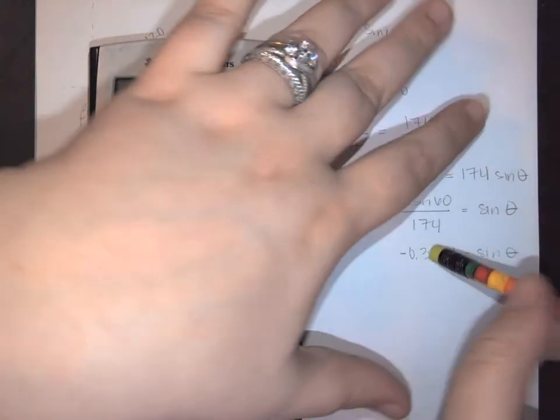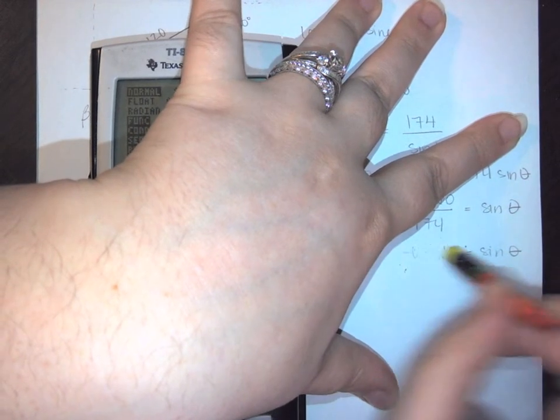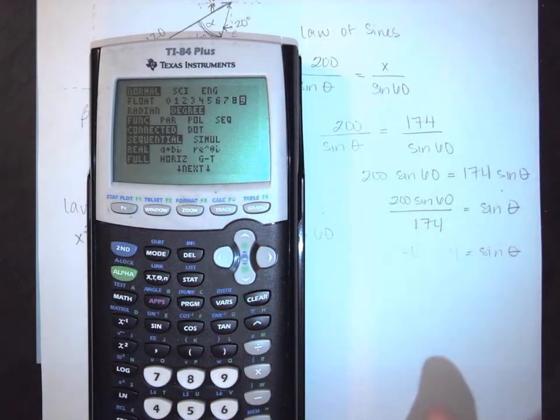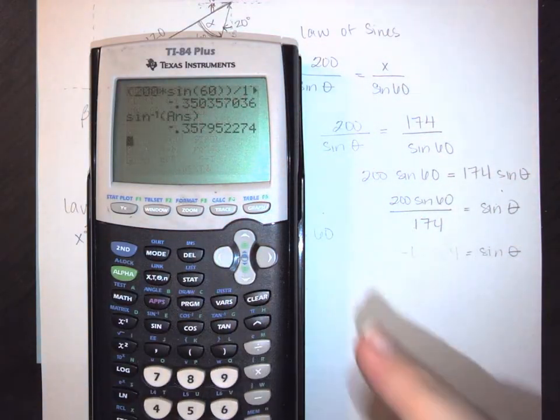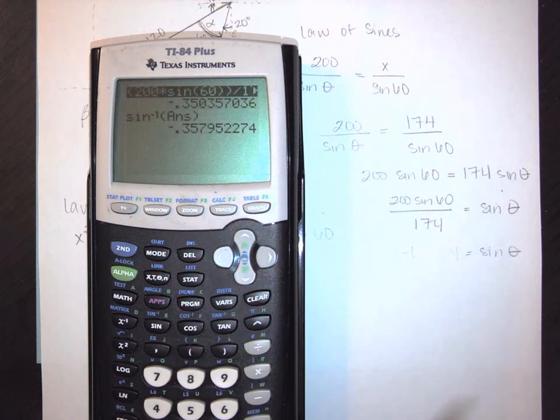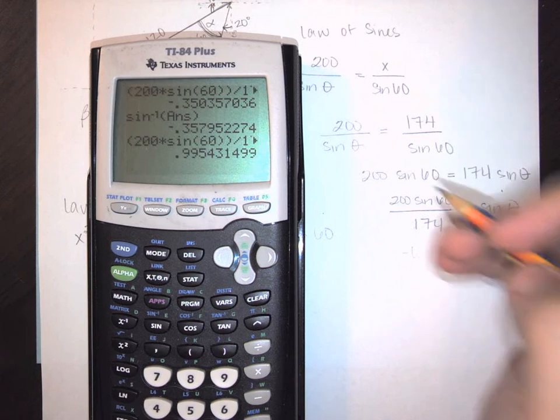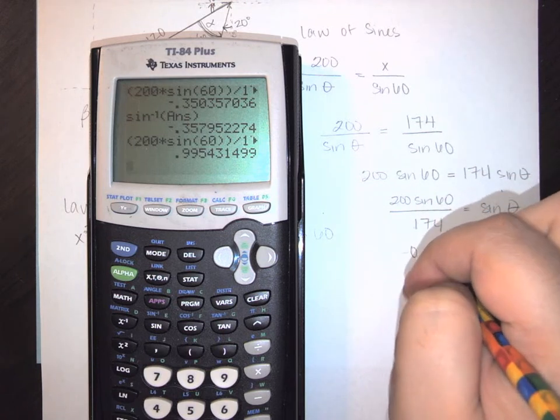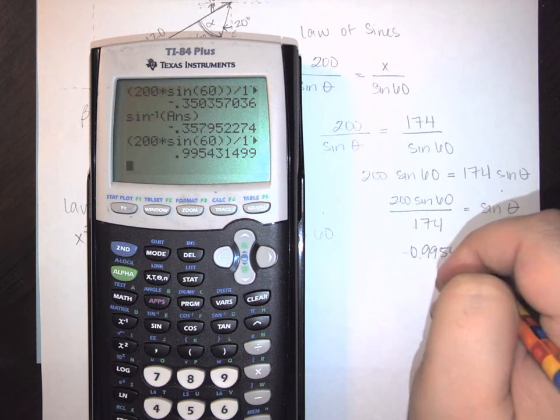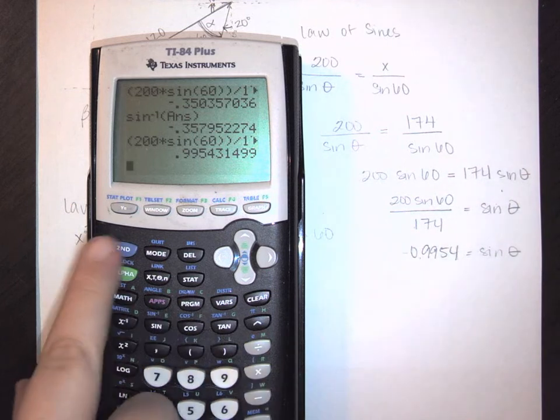So let's try this one more time here. A little bit better. So we've got 0.9954. So we're going to try again.